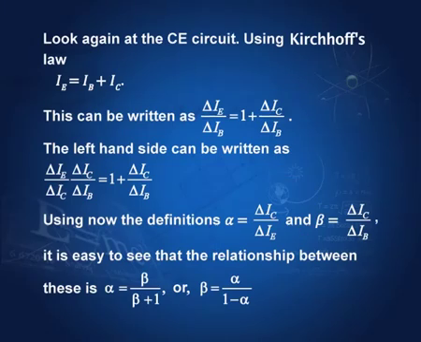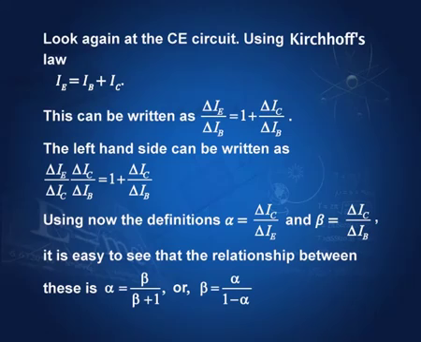So, IE is equal to IB plus IC, and now you divide by delta IB: delta IE by delta IB is equal to 1, delta IB by delta IB, plus delta IC by delta IB. The left hand side can be written as delta IE by delta IC into delta IC by delta IB, and this is 1 plus delta IC by delta IB.